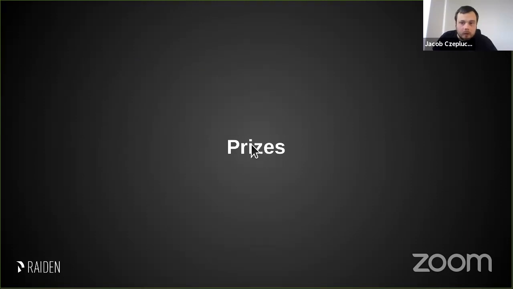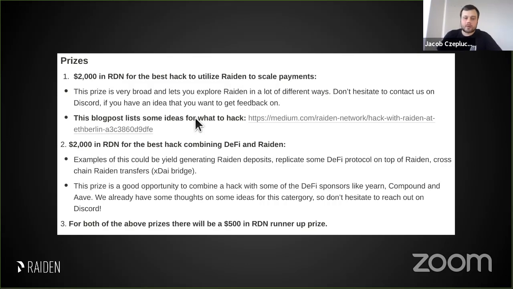And if there are no more questions right now, I will just mention the prizes that we have for the hackathon, and then we can do a quick brainstorm on ideas for hacks if you're interested in that. The prizes we have is $2,000 in RDN for the best hack that utilizes Raiden to scale payments.